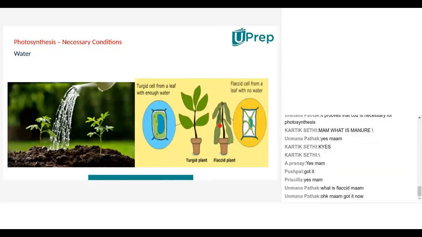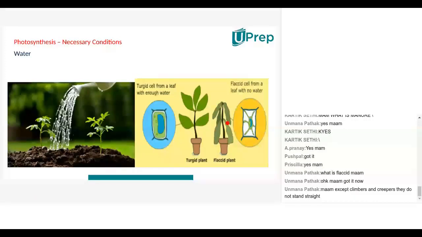The leaf will not stand straight anymore. The leaf will become flaccid and it will start drooping because there's no more water. The turgidity is lost. Then after a few days, you will find the stem will also lose its turgidity because it will also lose all the water, and the stem will also bend to one side. The stem will not be able to stand erect.